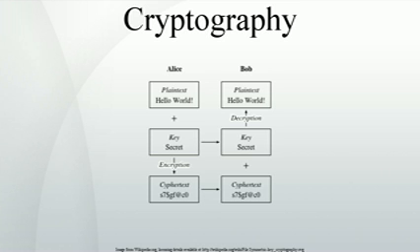A public key system is so constructed that calculation of one key, the private key, is computationally infeasible from the other, the public key, even though they are necessarily related. Instead, both keys are generated secretly, as an interrelated pair.